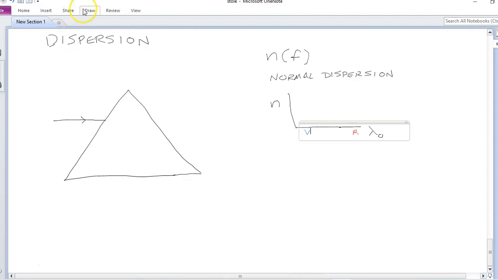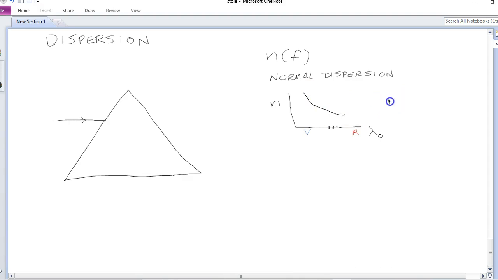So if I make a sketch of what normal dispersion would look like, what does the index look like as a function of free space wavelength? It's going to be something like that. It's going to be a curve. It's not linear, although over maybe a very small portion of wavelength, you might approximate it as being linear. But over the visible wavelengths it's going to be this curve.